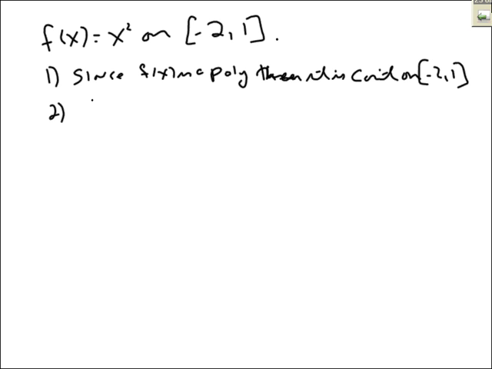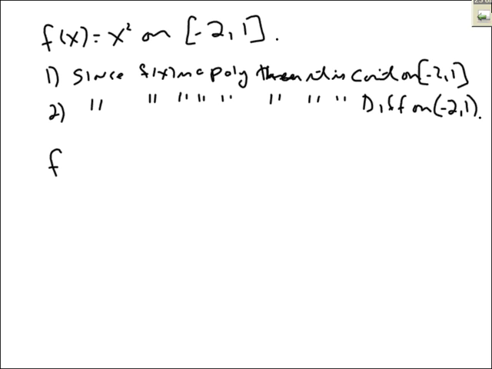Number 2: since f of x is a polynomial, then it is differentiable on that open interval. You have to state that. Now, and only now, can we talk about the mean value theorem.